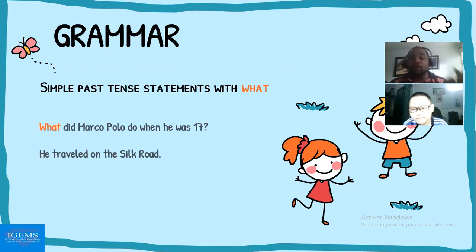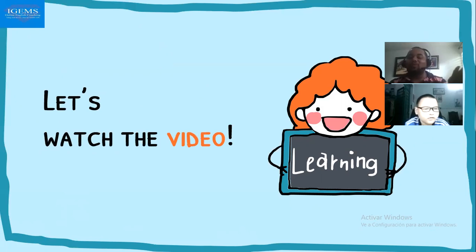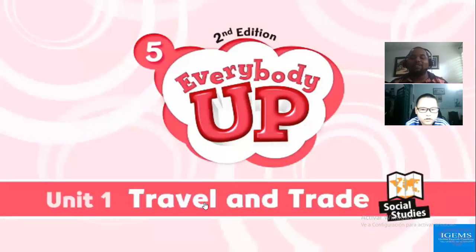But let me ask you something: do you understand very well what I already explained to you? Yes. Fantastic, it makes me feel very happy. Now we are going to watch a video.